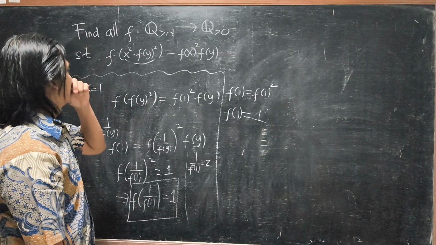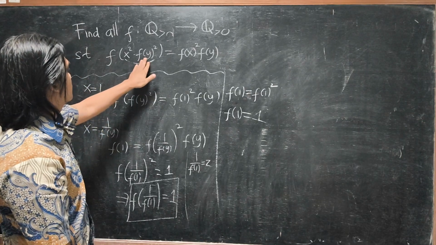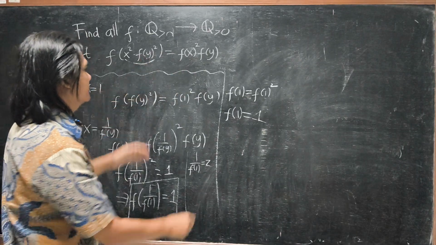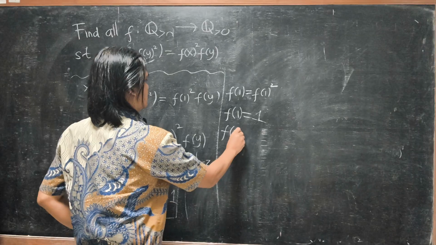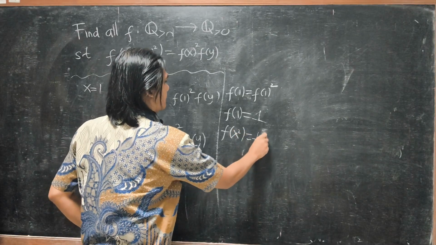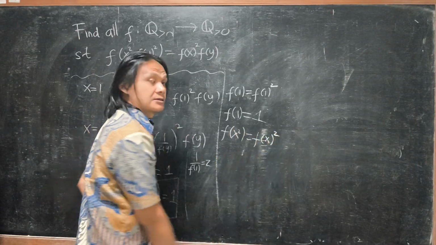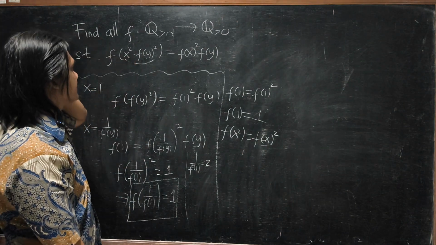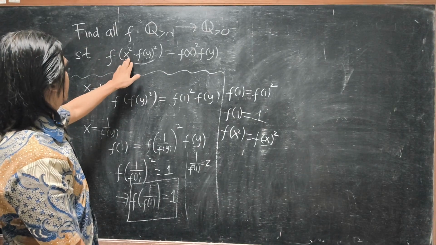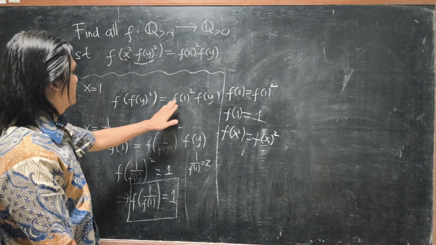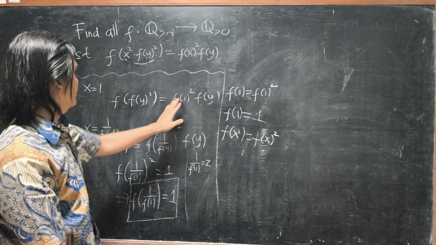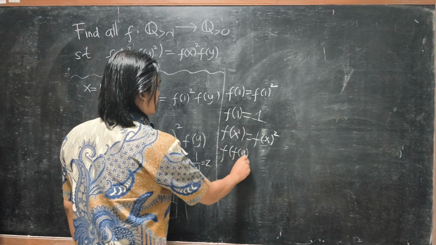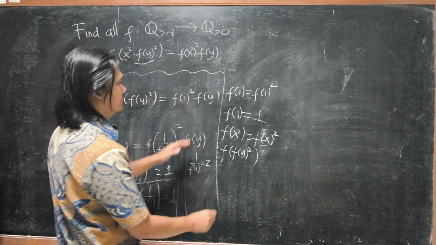Okay. Now, since f of 1 is equal to 1, if we plug in y equals 1 here and there, what do we get? f of x squared is equal to f of x squared. And now if we plug in x equal to 1, and f of 1 is 1, we have f of y squared is equal to f of y.